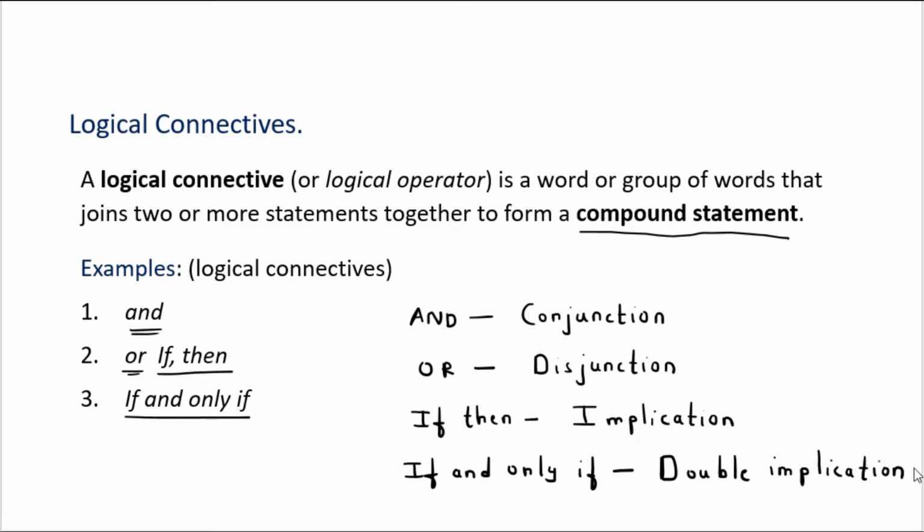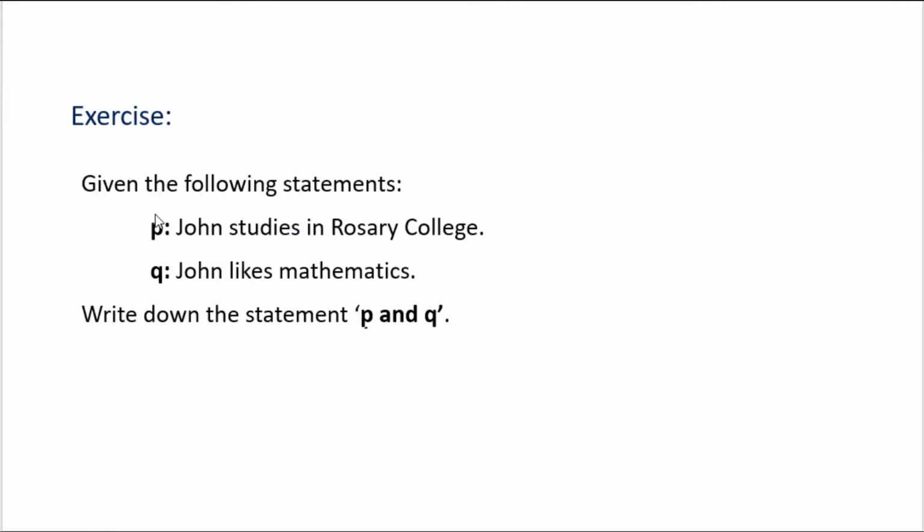We shall be studying each of these 4 connectives one by one in different modules. But to get an idea of how connectives work, we shall do a few examples. The first one, we are given the 2 following statements. Statement P is the statement John studies in Rosary College. Statement Q is the statement John likes mathematics.